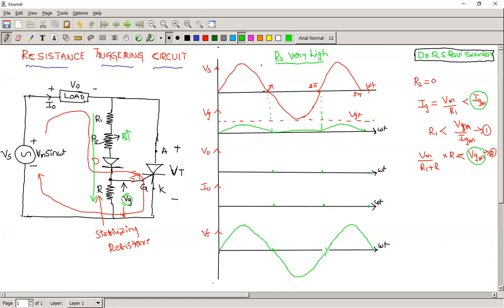That is the second case. We are varying this variable resistance, so the current will increase and the voltage drop will also increase. We are setting the value of R2 such that the voltage drop across the R exactly touches the gate trigger voltage of the SCR. That we are going to see in the next waveform.